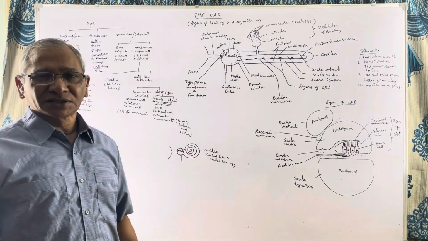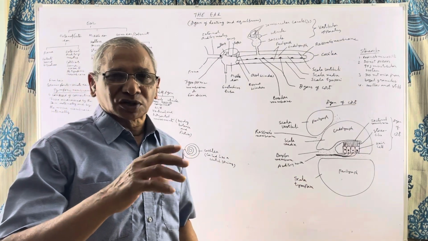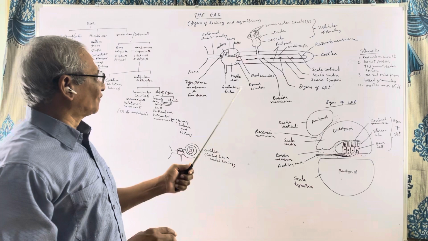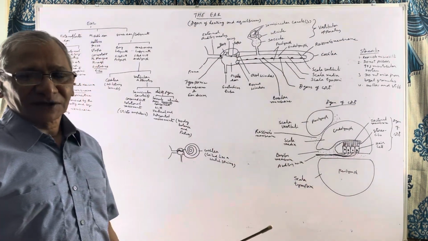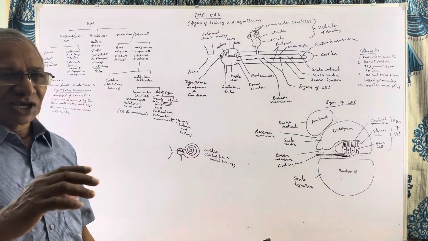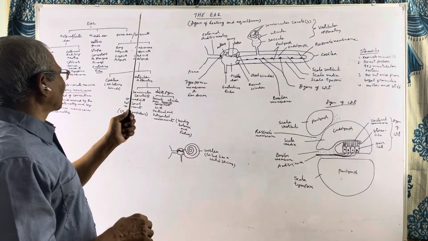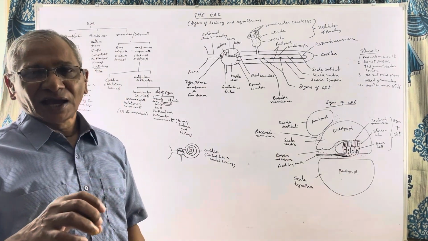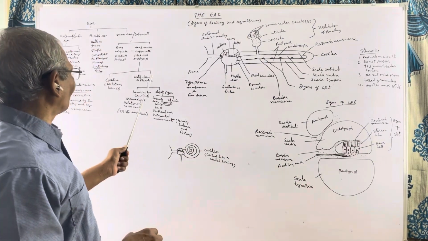Bony labyrinth is a system of channels of bone filled with fluid known as perilymph. The membranous labyrinth remains within these bony channels and it is filled with another type of fluid known as endolymph.